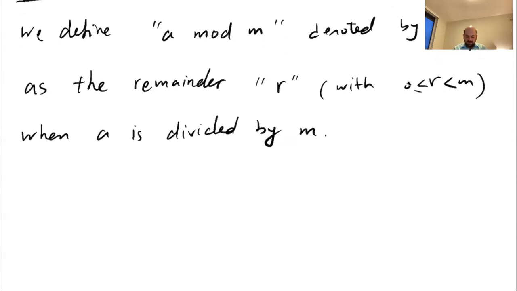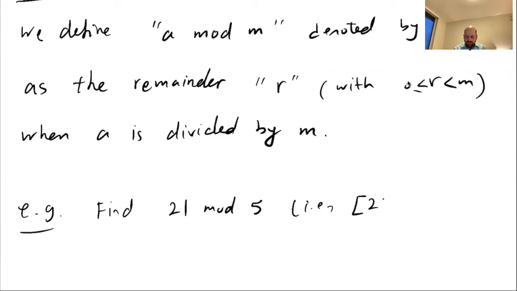Okay, so for example, let's say you want to find 21 mod or modulo 5, i.e. class of 21 mod 5. So this is simply just a notation or just a name. You just need to find the remainder when you divide 21 by 5. What is the remainder?